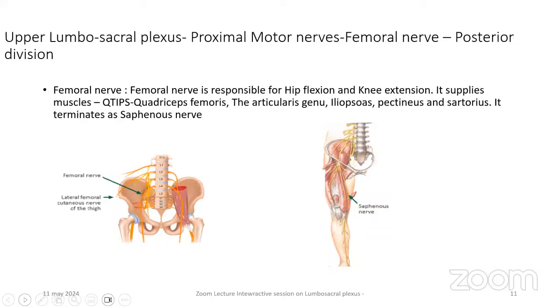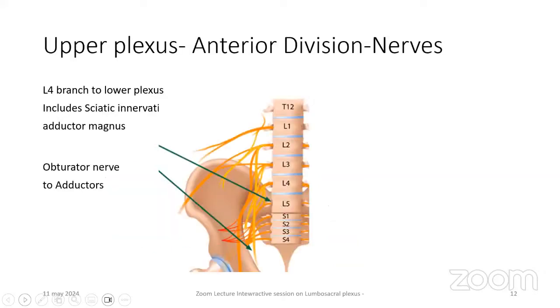Femoral nerve is responsible for hip flexion and knee extension, supplies quadriceps femoris, articularis genu, iliopsoas, pectineus, and sartorius. It terminates as saphenous nerve, which supplies the medial aspect of the leg.